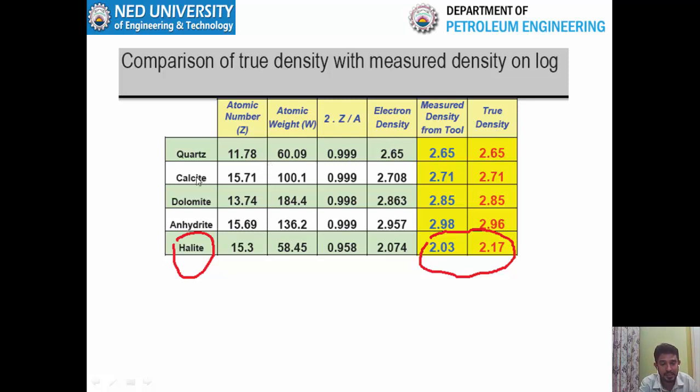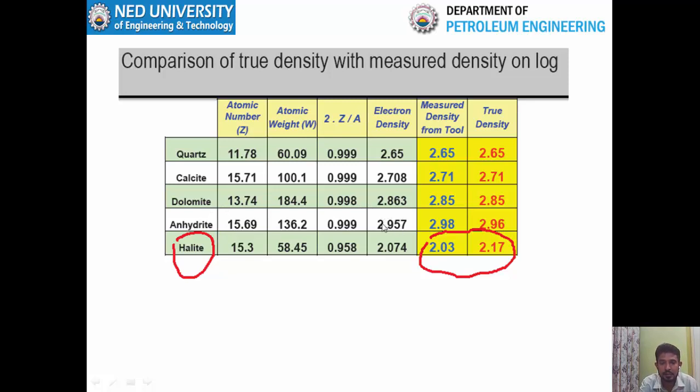Same case with calcite, which is calcium carbonate, which is limestone. For limestone, the tool is measuring around 2.708 electron density, which is almost equal to its true density. Dolomite, same case, 2.86. The true density is around 2.87.